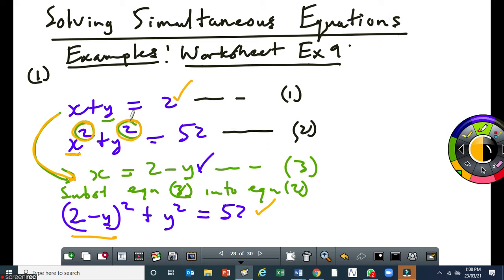Because both y and x are squared in the second equation, it means we are going to create a quadratic equation either in terms of y and get two values, and then use those two values to get x. Or we can create an equation in terms of x, which is quadratic, and get two values of x. Then we also need to use those two values to get the two values of y.